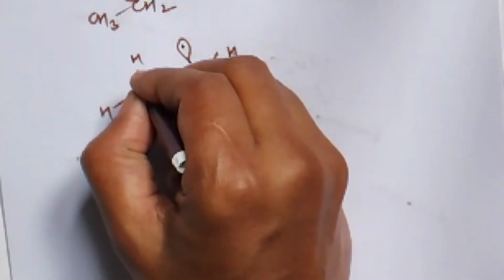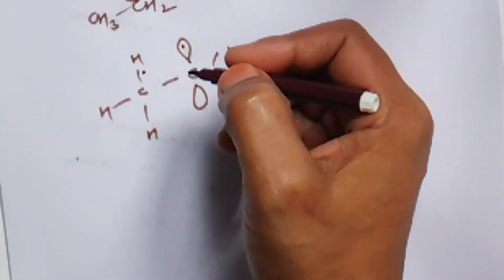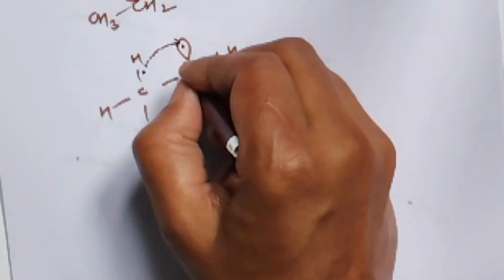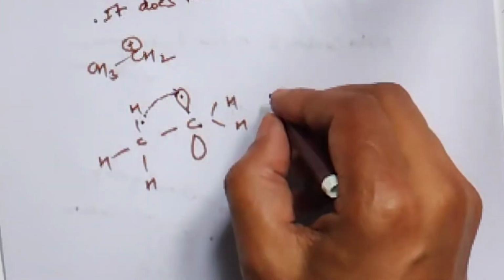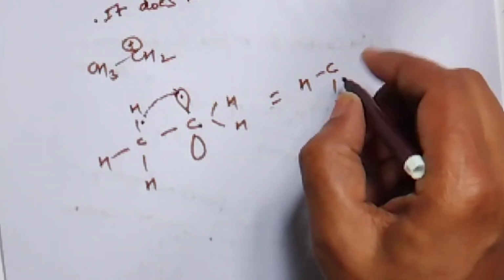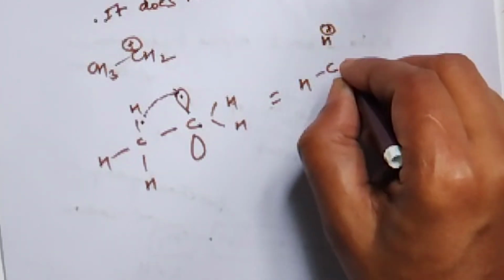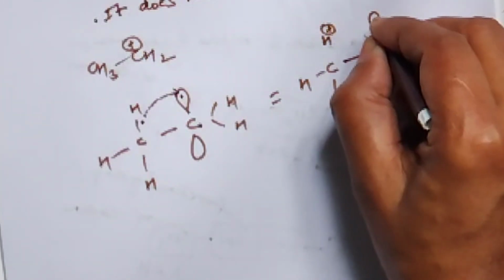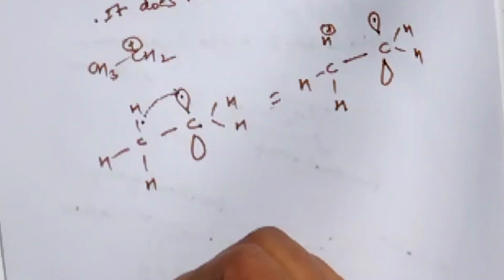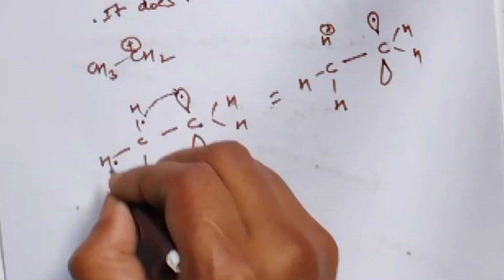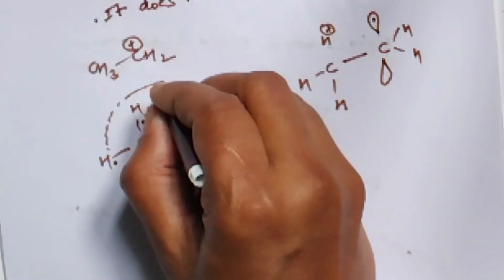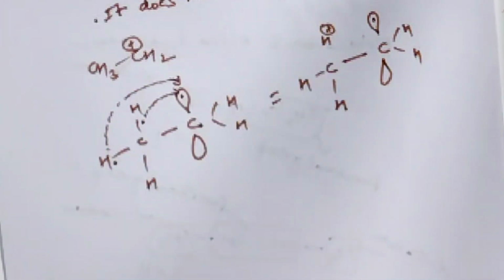Suppose these sigma electrons transfer to this p orbital. Okay, we find this structure. Suppose this sigma electron transfers to this p orbital.